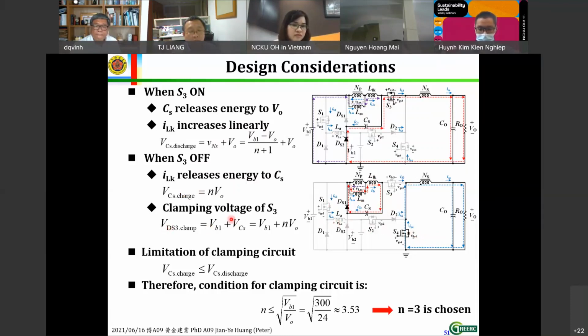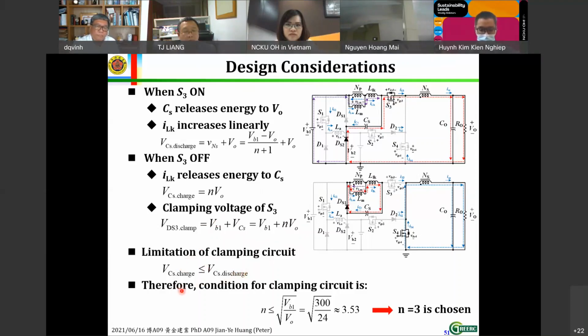So the clamping voltage of switch S3 can be derived by VB1 plus VCS, which equals VB1 plus N times VO. For the limitation of this clamping circuit, in order for it to work in steady state, the charging current voltage has to be smaller than the discharge current voltage.